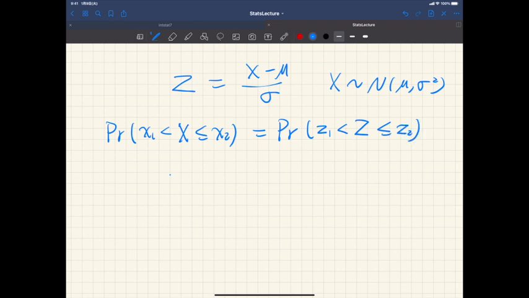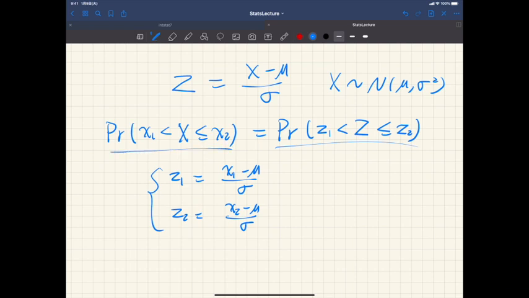Where, of course, z1 is equal to x1 minus mu over sigma, and z2 is x2 minus mu over sigma. So if we know the standard normal distribution, we can calculate any probabilities regarding any normal distributions.